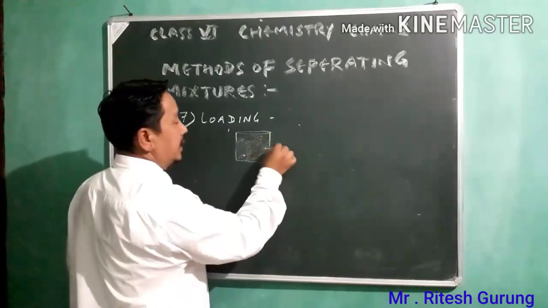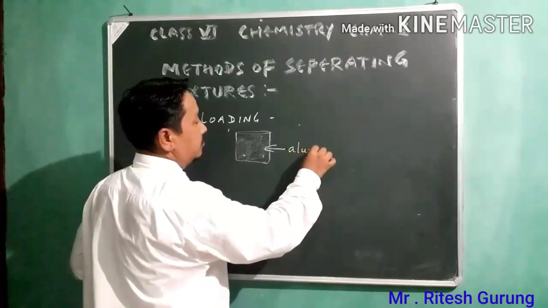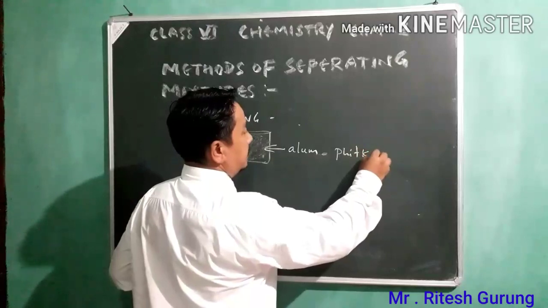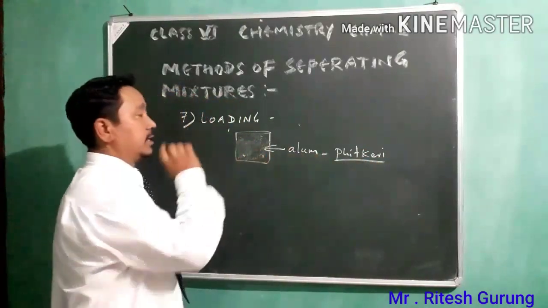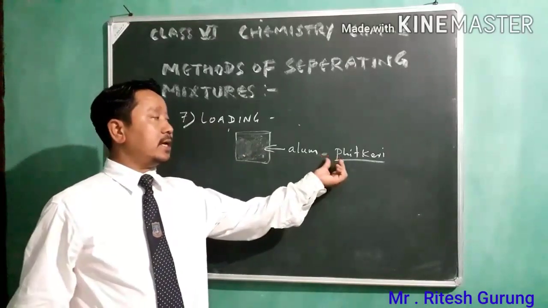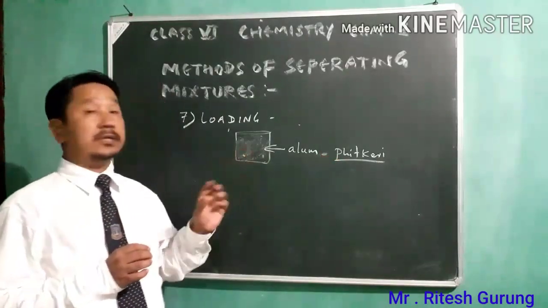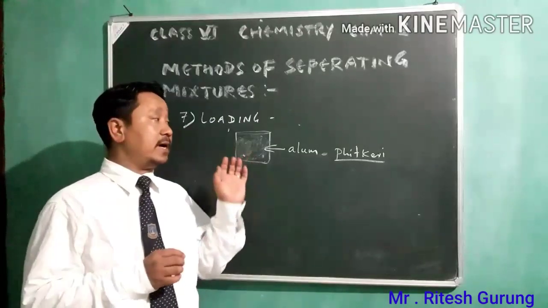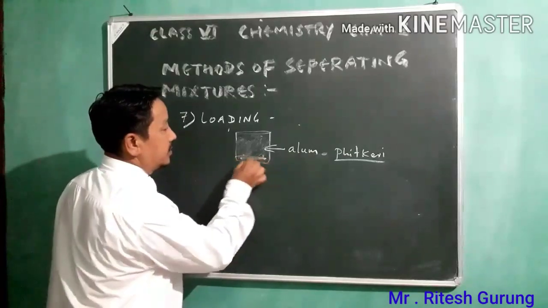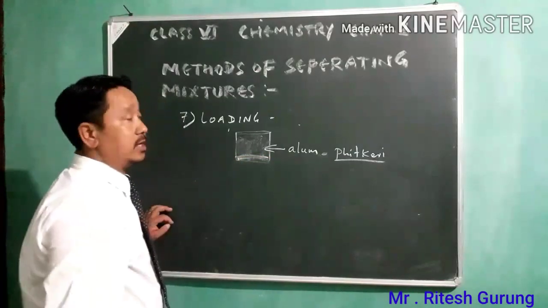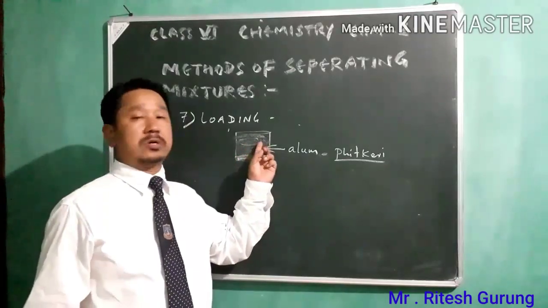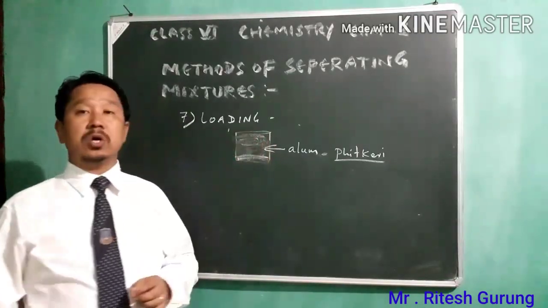If you add this substance called alum, in Nepali it is called fitkeri, in this mixture, then this alum comes in contact with the fine particles, and the fine particles now become heavier and get settled down here. Now from here you can collect the pure water. So this is called loading.